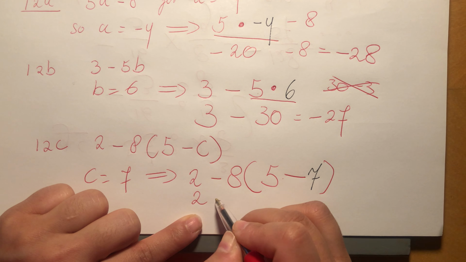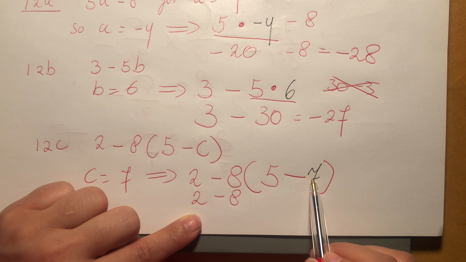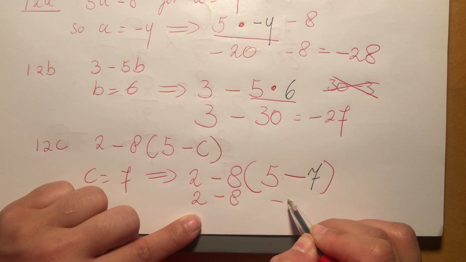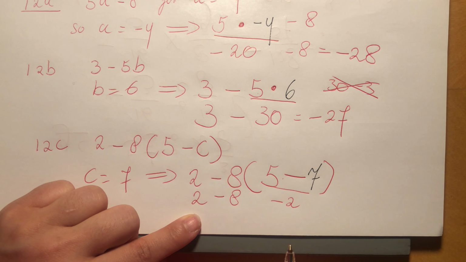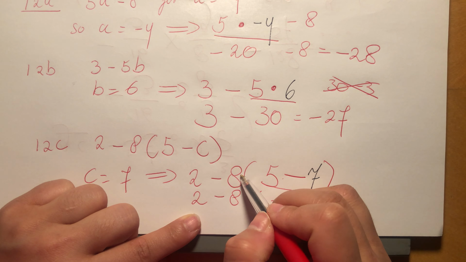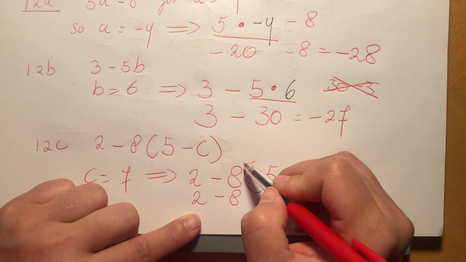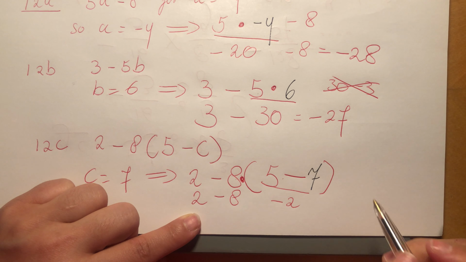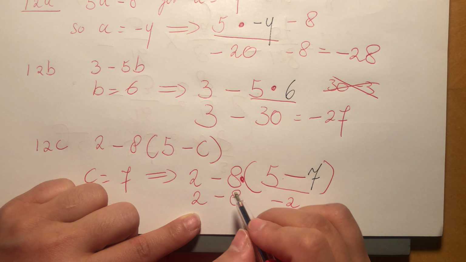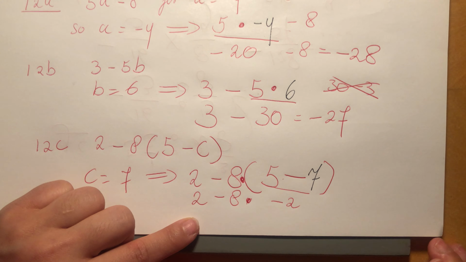So we get 2 minus 8 and then 5 minus 7, which will become negative 2. Now, we solved everything within the brackets, so we don't need to write the brackets. But remember, in front of the bracket and the 8, there is a multiplication sign in there that we don't write. So when you continue with this exercise, you get 2 minus 8 times minus 2.